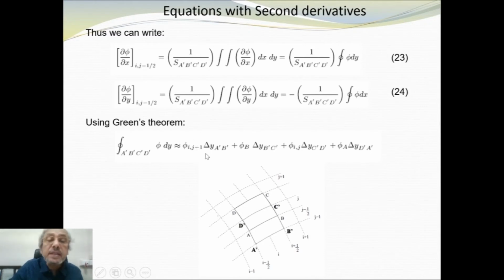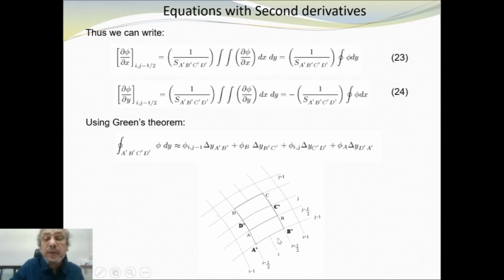Phi i, j minus 1 into delta y, the vertical distance between A prime and B prime, then phi b into again delta y, the vertical distance between B prime and C prime, then phi at this point, which is basically phi ij, into again delta y, C prime, D prime, then phi a into delta y, D prime, A prime.